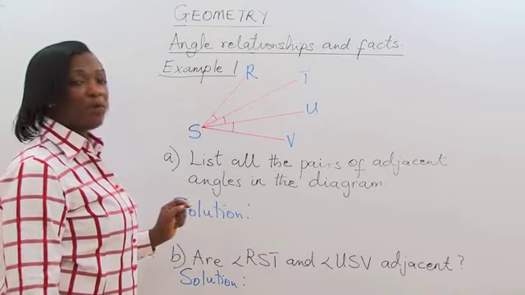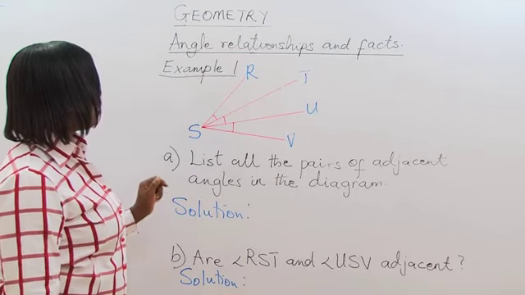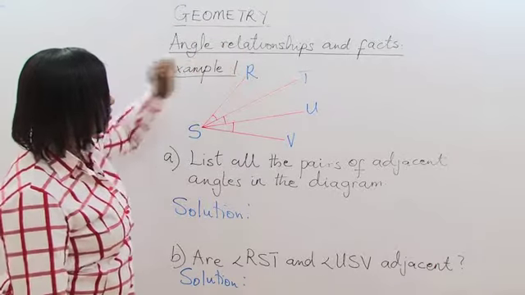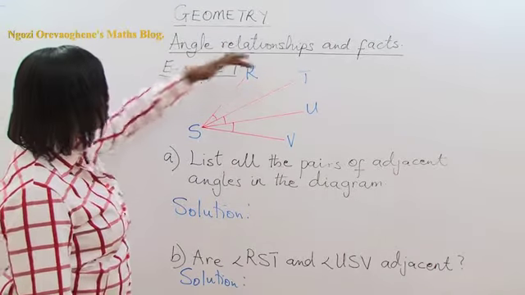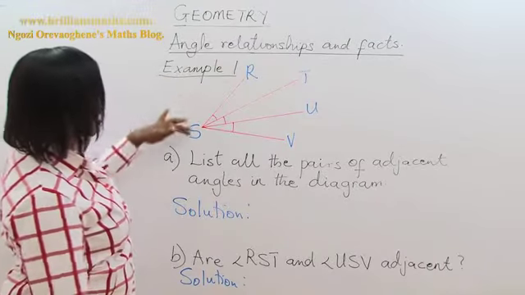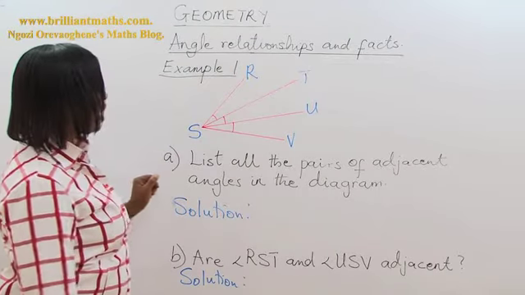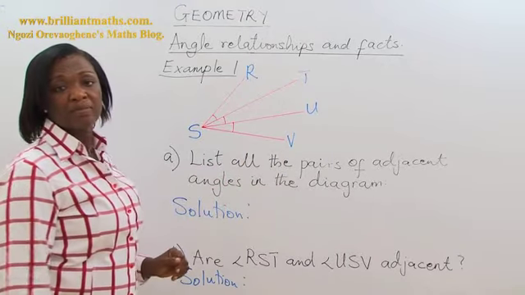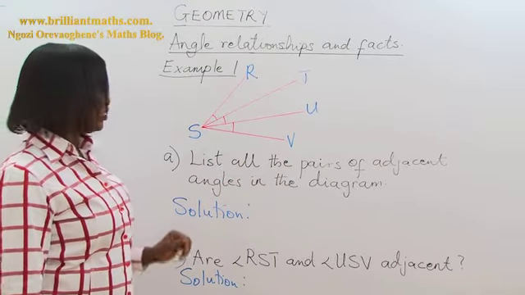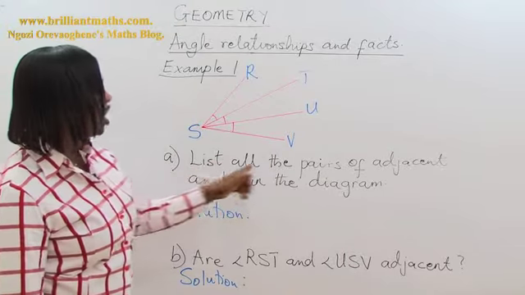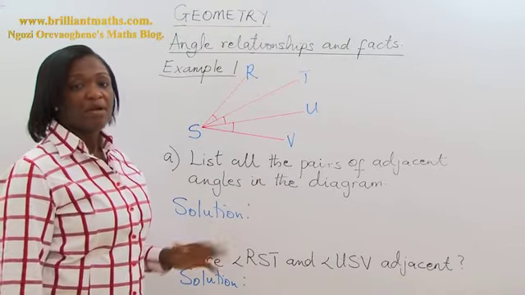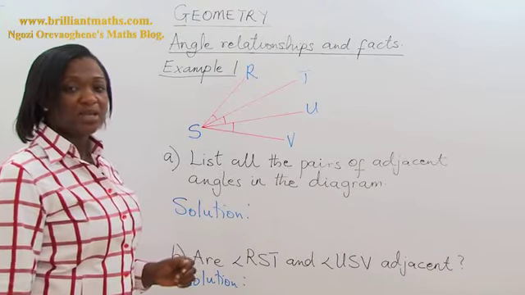Let's look at example 1. We have angles RST, TSU, and USV. For question A, we are told to list all the pairs of adjacent angles in the diagram. Remember, what are adjacent angles?